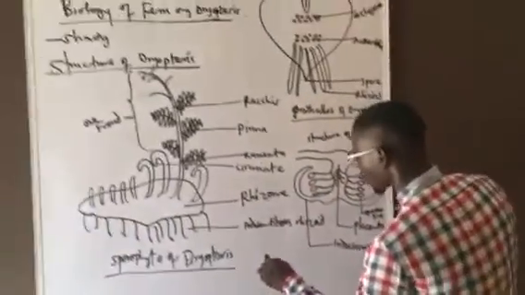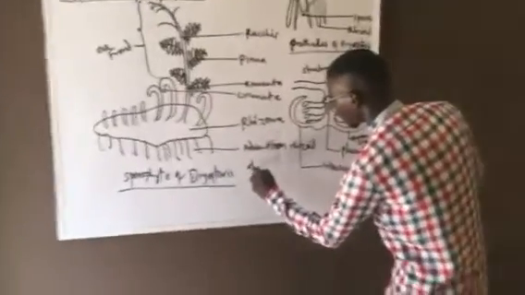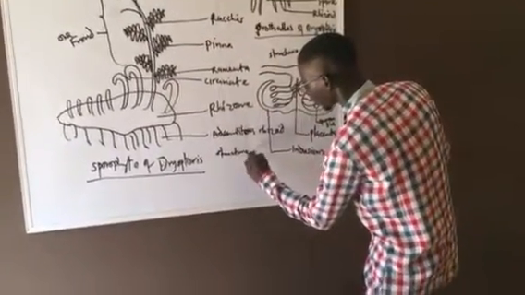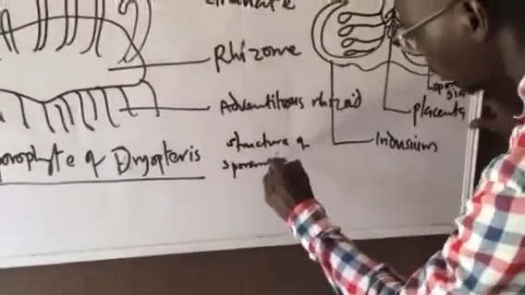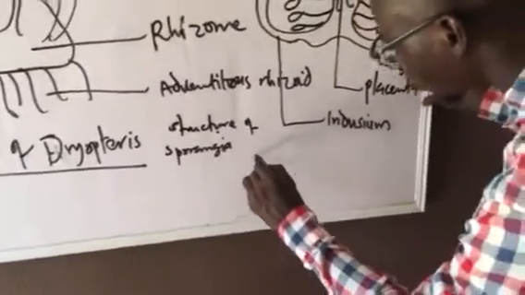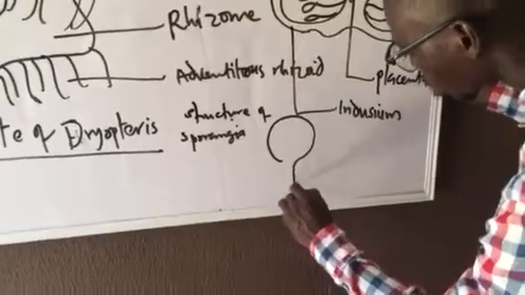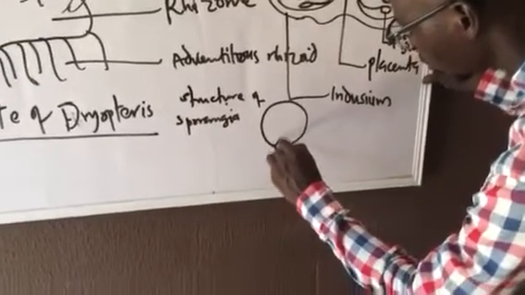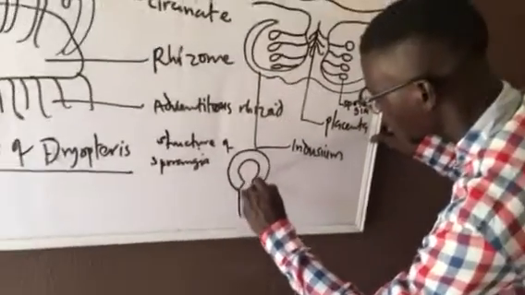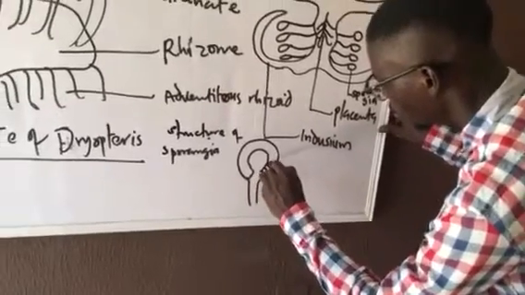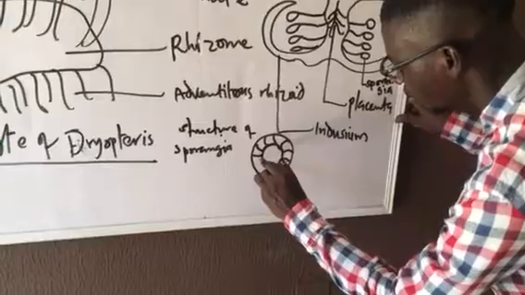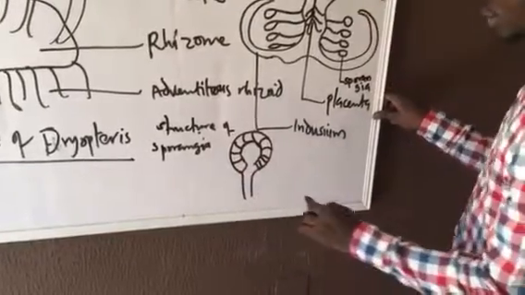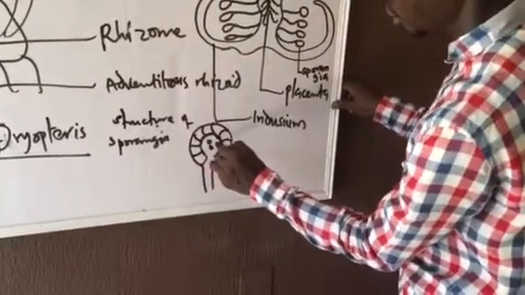So when you take one sporangia out now, structure of sporangia, inside the sporangia there are a lot of spores. So this is the sporangia where we have the spores.